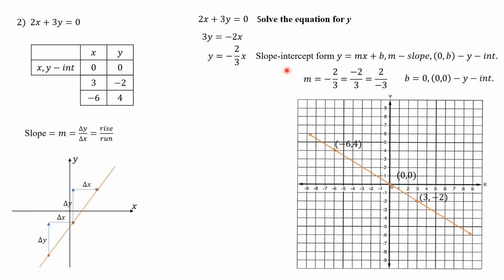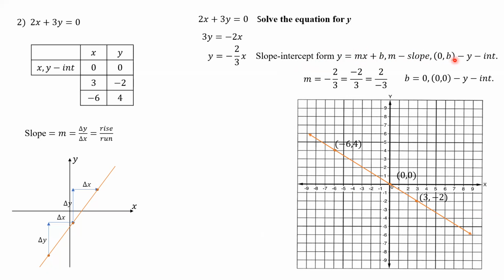The slope-intercept form of a linear equation is the form when the equation is solved for y, and the right side is presented as mx plus b, where m, the coefficient of x, is the slope, and b is the y-intercept, which can be presented as an ordered pair as 0, b.